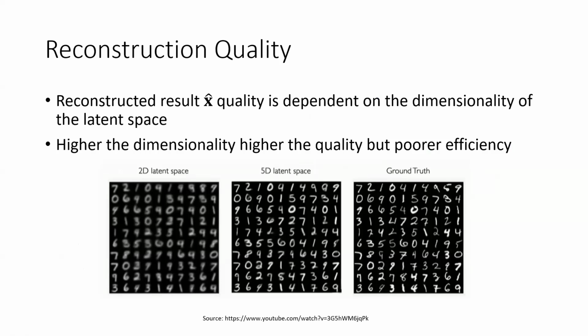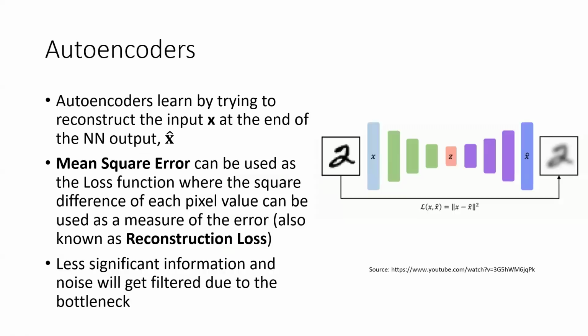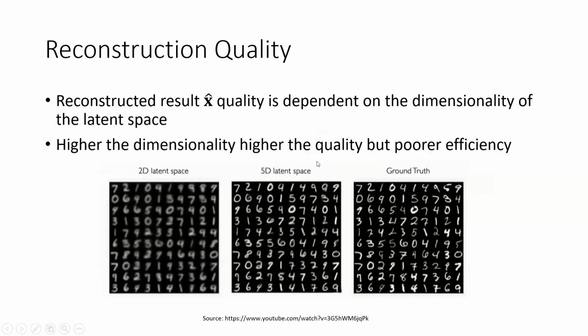So this reconstruction quality, as I said, is dependent on the size of Z, right? This Z vector is also known as the latent space or the latent vector. When it has a higher number of dimensions, the output is much clearer. So this is the ground truth, meaning the real X values, when you are using the MNIST data set.